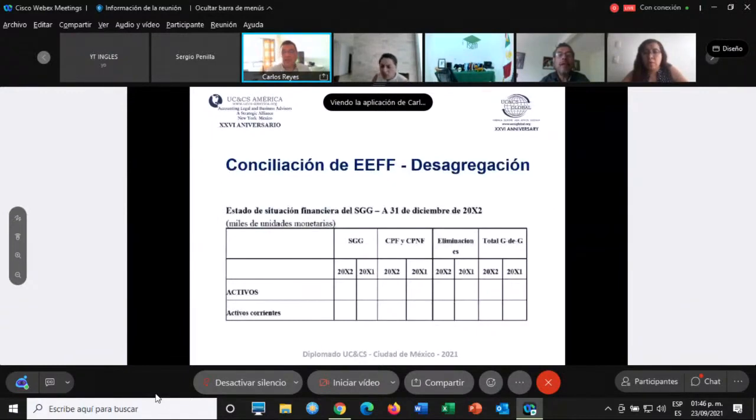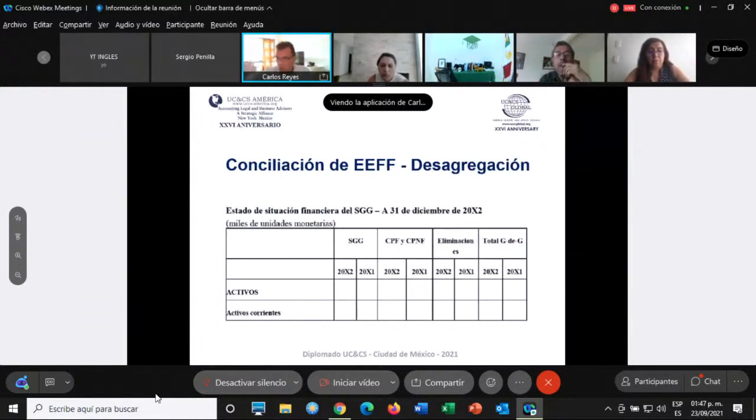NICSP. For example, this one is an example based on the government assets. Then we have this column where we are going to reconcile financial, non-financial public corporation, and then the removals that we indicated that should be made in the general government sector items, and also the total of the consolidated government.